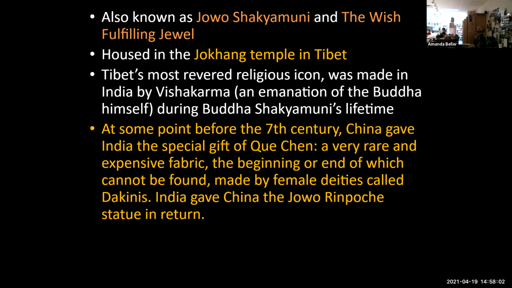But a magic piece of fabric that has no end. And India, as a thank you, gives China Jowo Rinpoche, the sculpture. So the original context is this was given as a gift in exchange for the never-ending fabric that was made in the heavens.